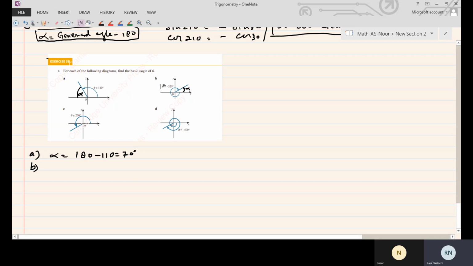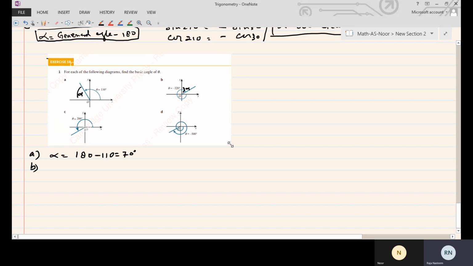360 minus 320. If you complete one round, either in clockwise direction or in anti-clockwise direction, a complete round would be 360 degrees.